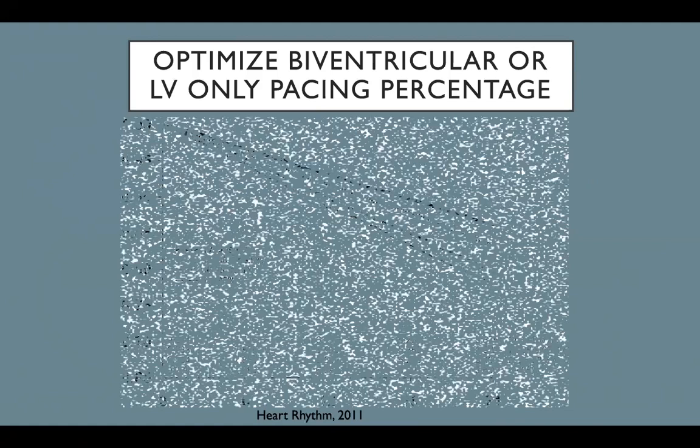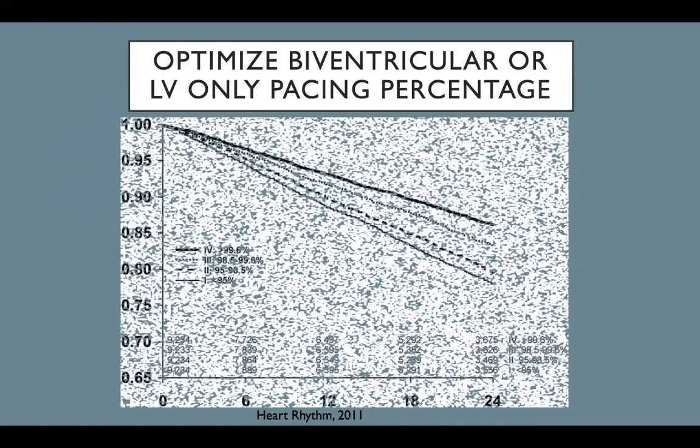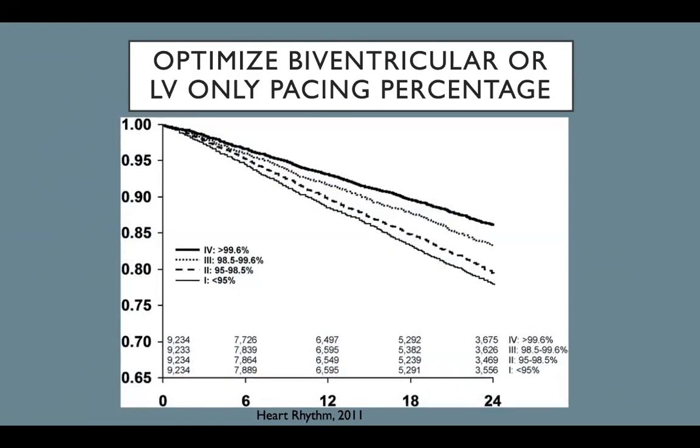So this slide just emphasizes the importance of biventricular pacing percentage and actual survival. So this is an important study that looked at these large number of patients that emphasized that we need to pay very careful attention to the biventricular pacing percentage and optimizing that.